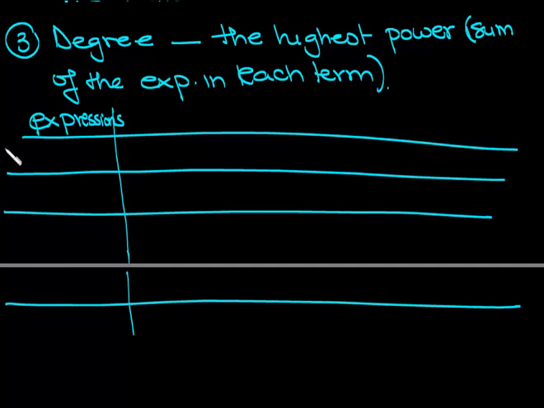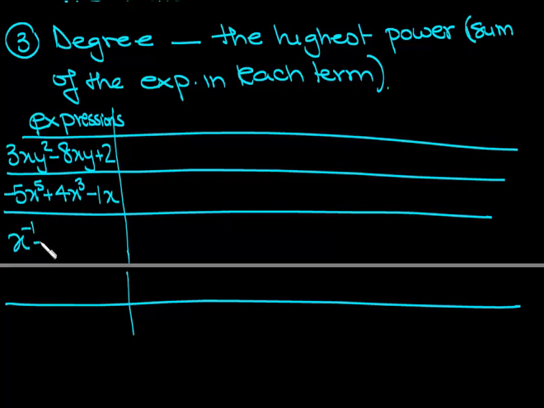So let's say we have 3xy squared minus 8xy plus 2, or we could have minus 5x to the 5th plus 4x cubed minus 1x, or we could have x to the negative 1 plus 3x plus 2, or we could have 12x squared plus 6x to the half minus 1.